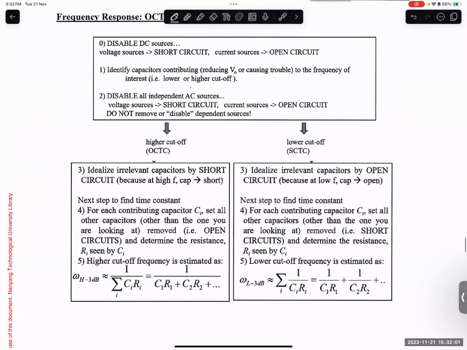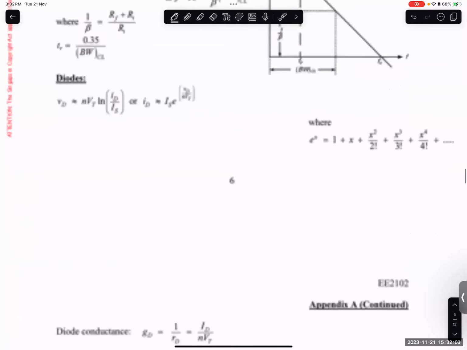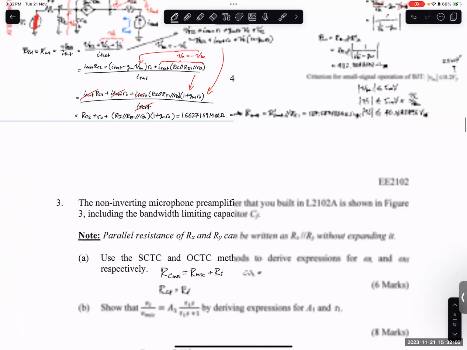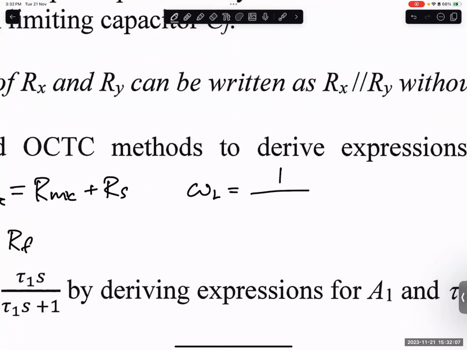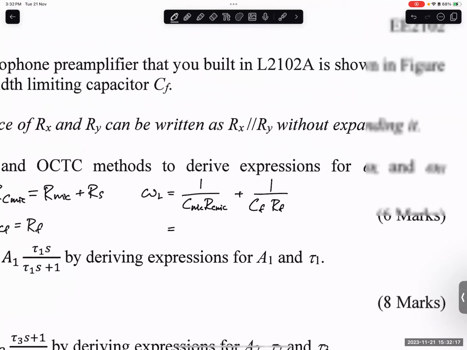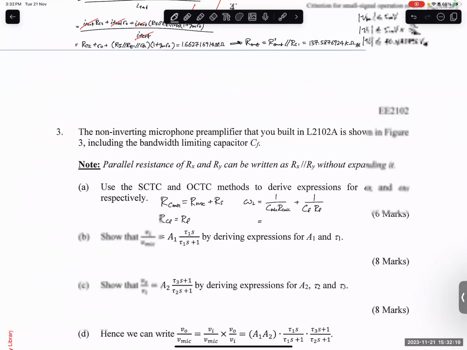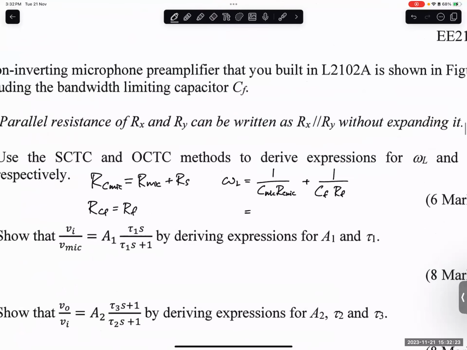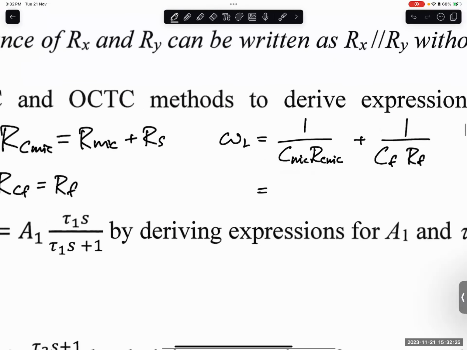Omega L equals 1 over C mic RC mic plus 1 over CFRF. Okay, just derive the expression only. Okay, like that. Do we need to write the full thing? No, we don't need to now.